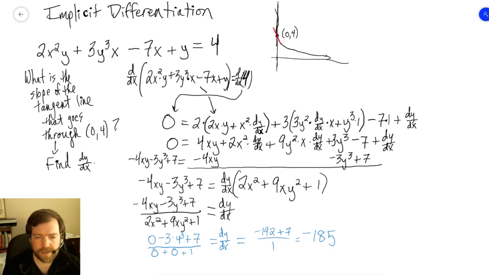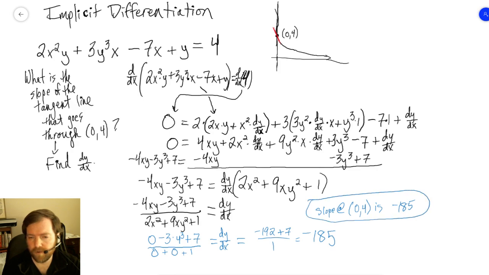So dy dx at 0, 4 is going to be negative 185. If you wanted to find a line which went through that particular point, it's nice and easy. It's going to be negative 185x plus 4. Right? We already know that because this is the y-intercept. It makes it nice and easy.